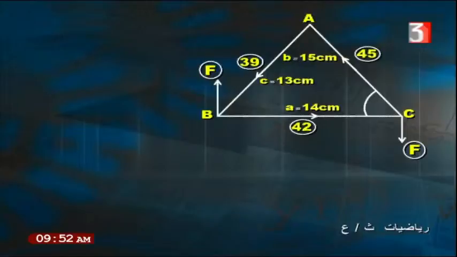Remember, A squared represents the side BC, B squared the side opposite angle B, or AC, and so on.